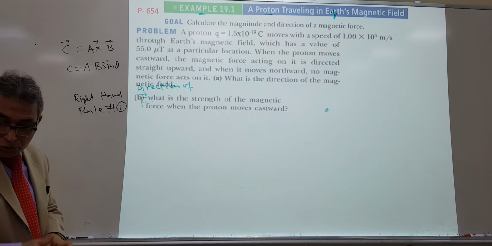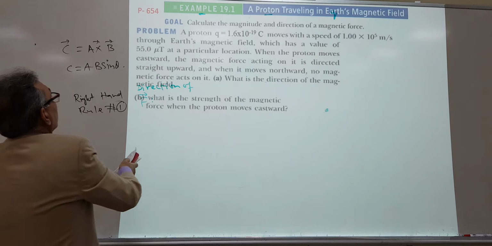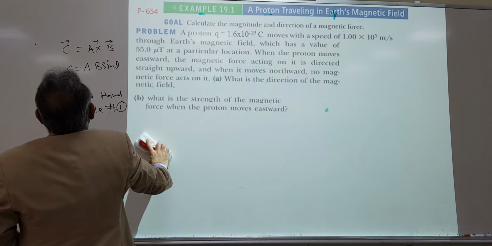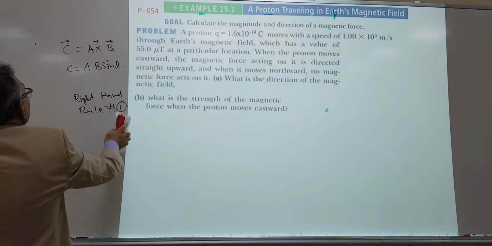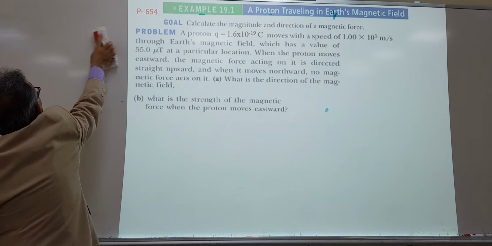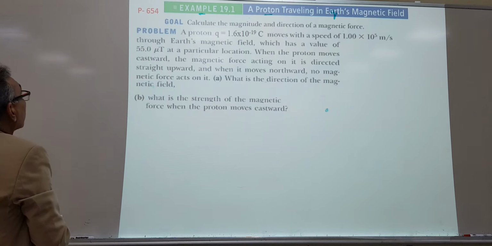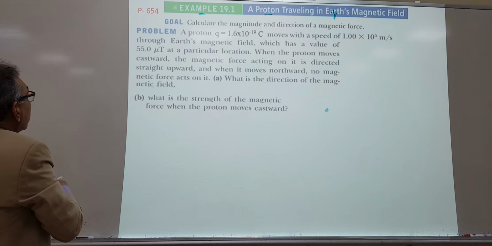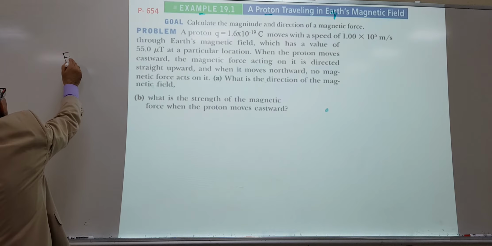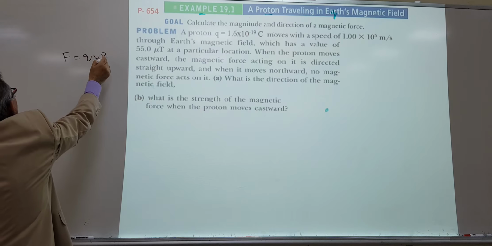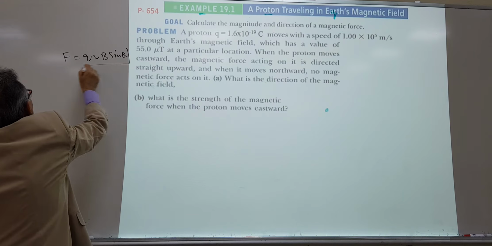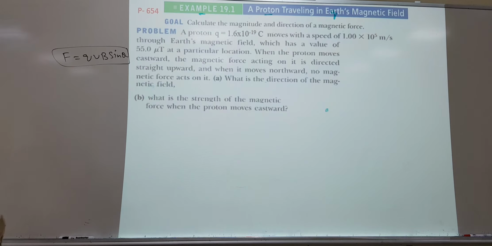Let's use our knowledge we just finished: the magnetic force, Q V B sine theta. Just a little review before we go further.